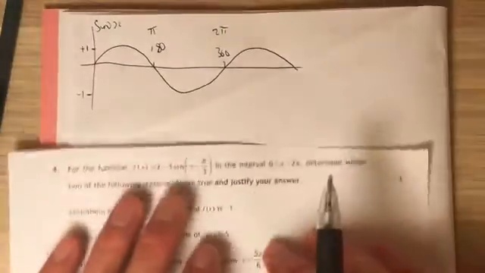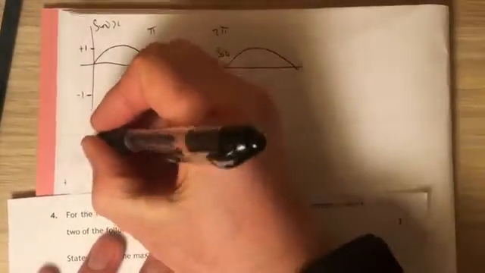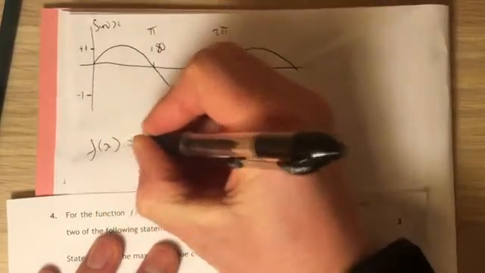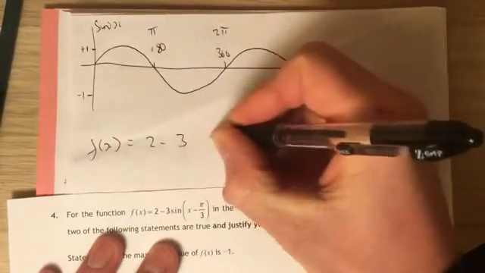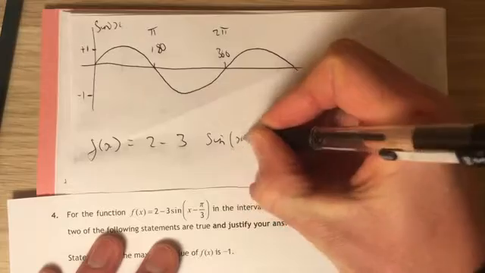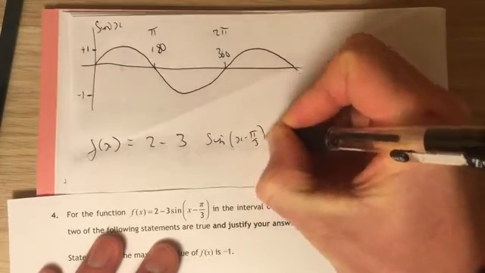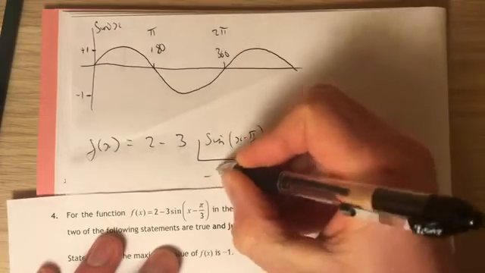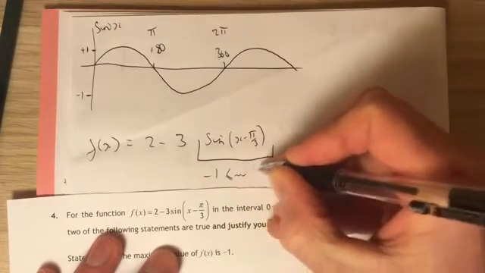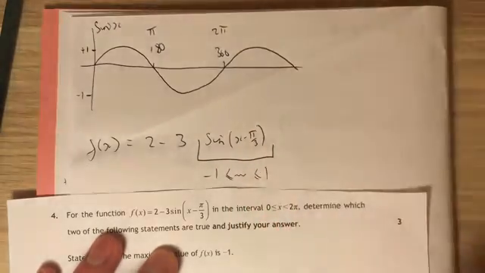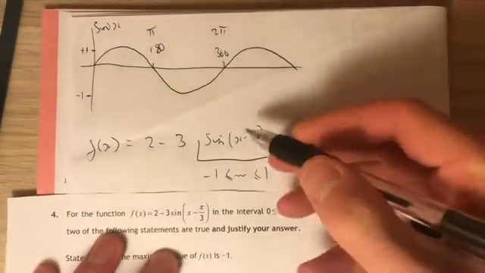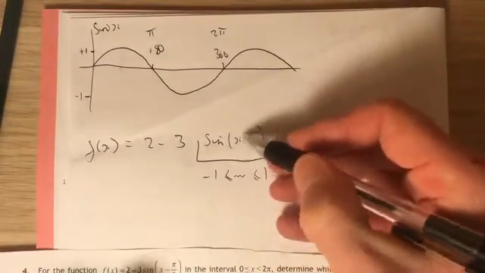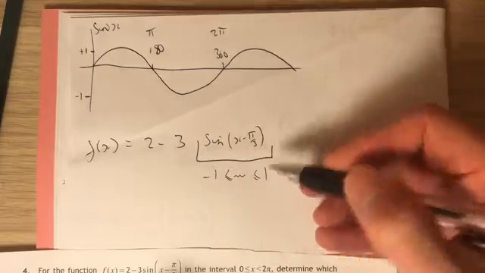And what that means is when I have my function here, my function is apparently 2 minus 3 sine of x minus pi over 3. But basically this bit is somehow stuck between minus 1 and 1. So what happens when this bit equals minus 1? What happens when this bit equals 1?